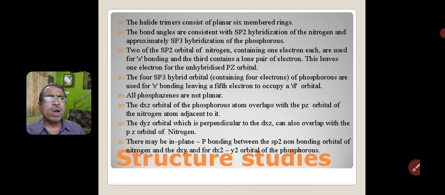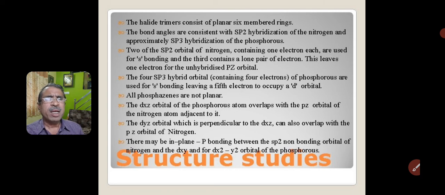The dxz orbital of the phosphorus atom overlaps with the pz orbital of the nitrogen atom adjacent to it. The dyz orbital, which is perpendicular to the dxz, can also overlap with the pz orbital of nitrogen.